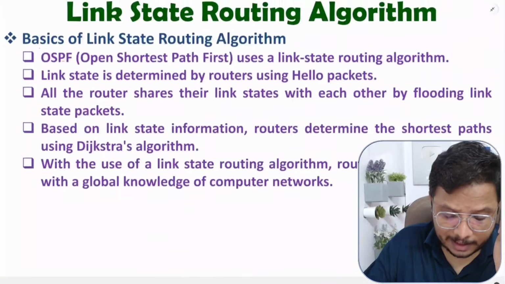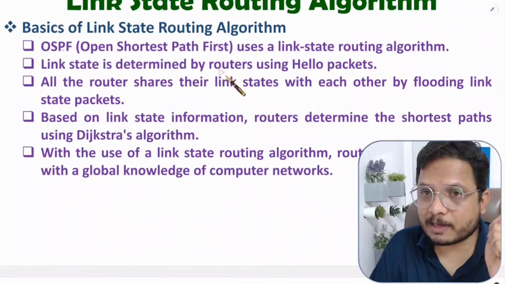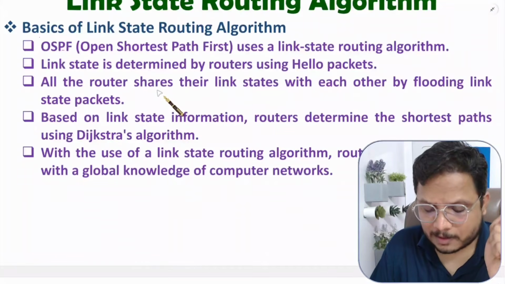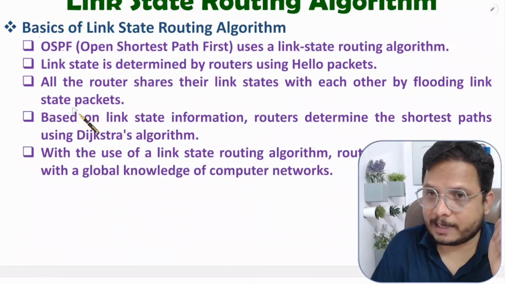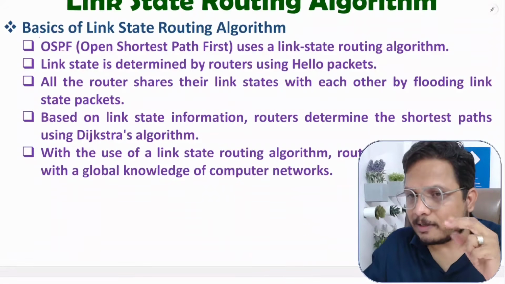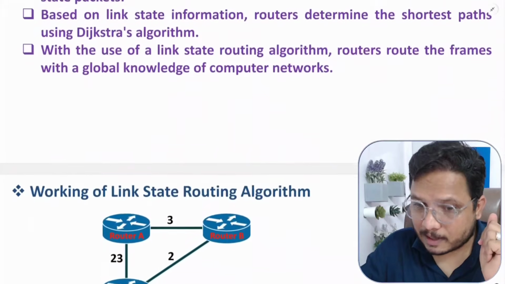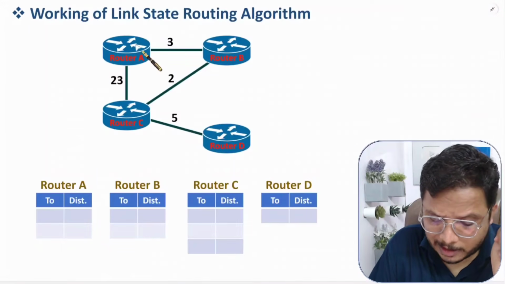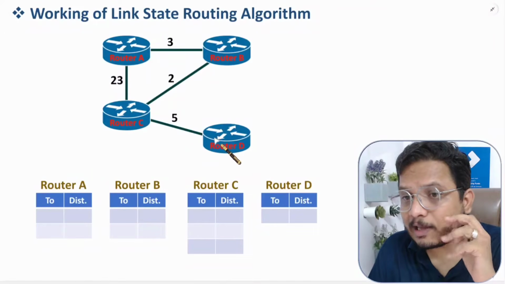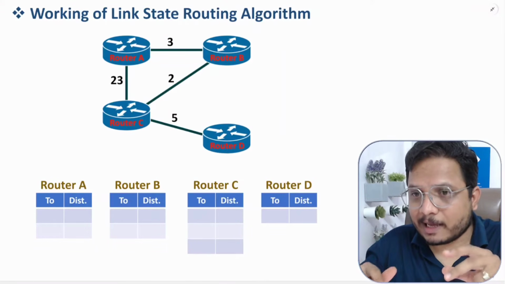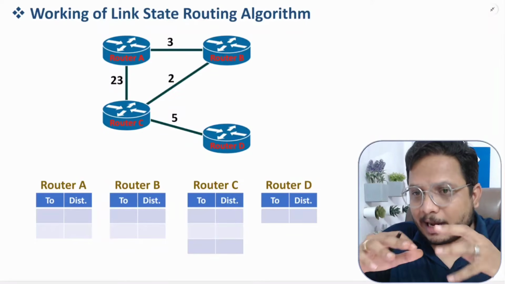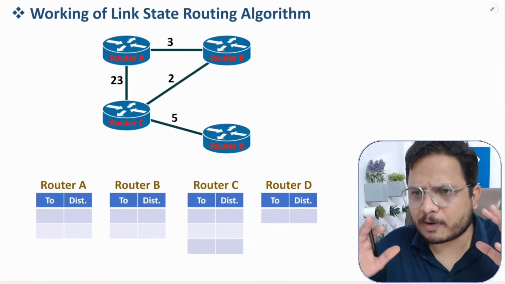Once the link state is known to the routers, all the routers share their link states by flooding link state packets. So first link state identification happens. After that, all the routers flood their link state across the entire network. Practically, across the entire globe there are millions of routers.